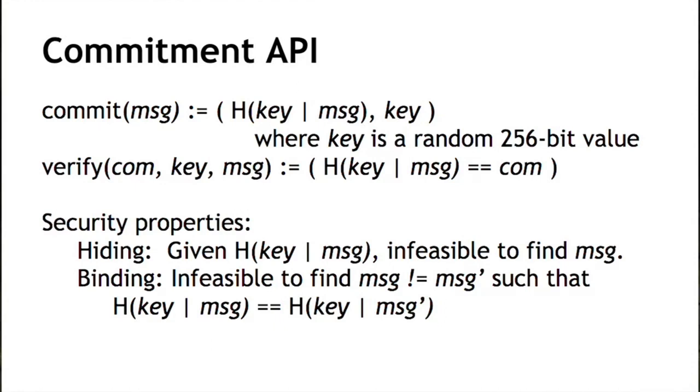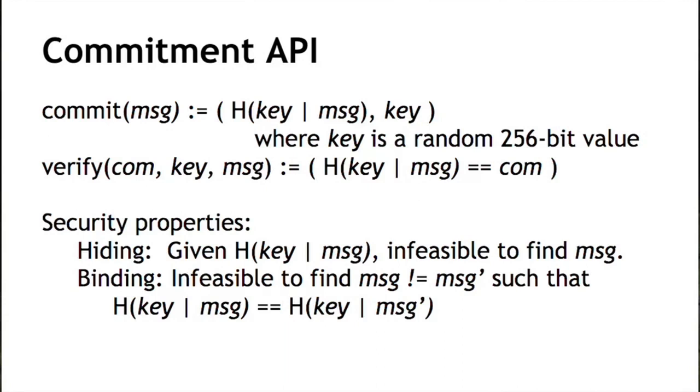Later, to verify, someone computes this same hash of the key they were given, concatenated with the message, and checks whether that's equal to the commitment that they saw. So this is a way of using hash functions both in the commitment and in the verification.